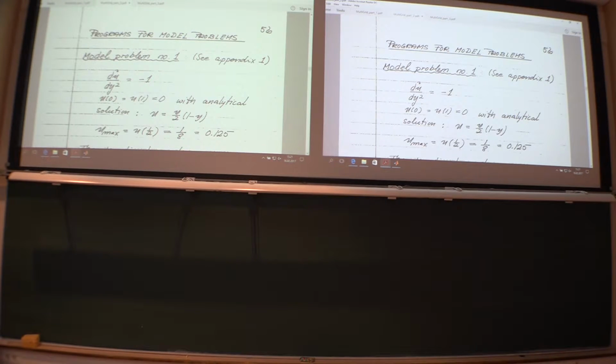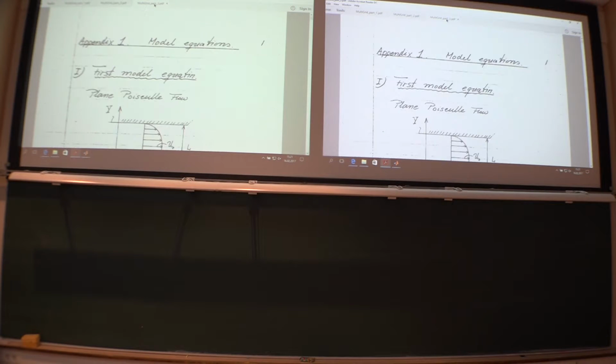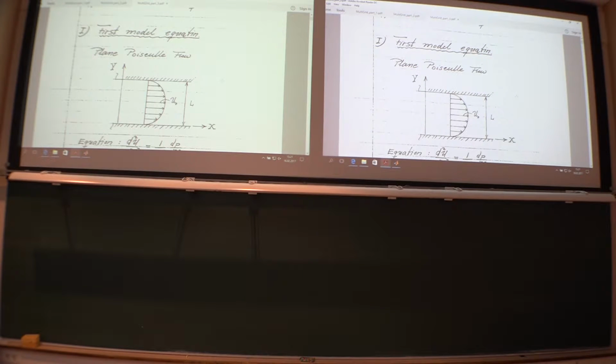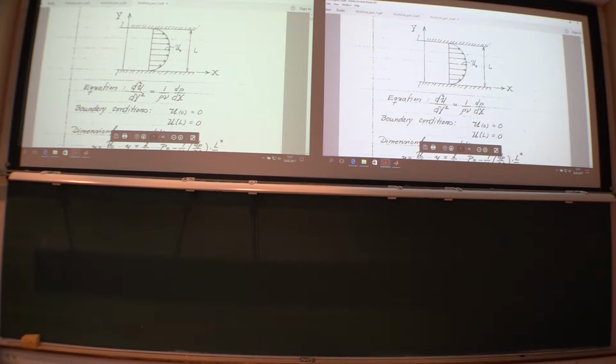The first one is a one-dimensional problem. That's the Poisson equation, where we are finding the steady state solution for a flow between two parallel plates, the parabola, double derivative equal to -1. And you have that one in the appendix as well. So here, the plane Poisson flow between two parallel plates. Here you have the reduced Navier-Stokes with dimensions.